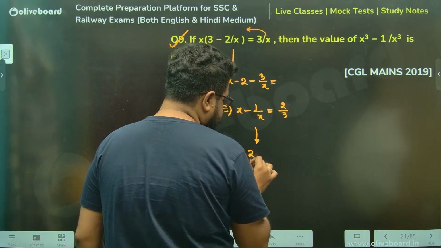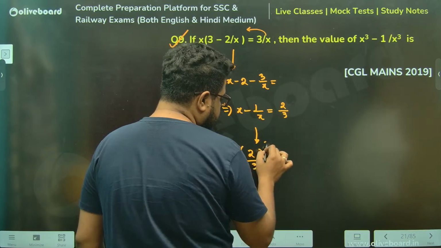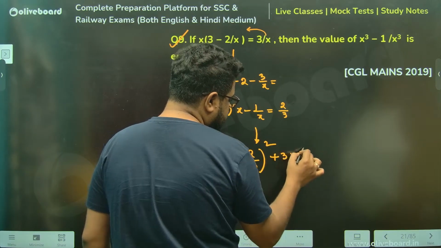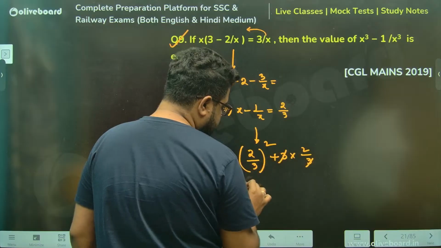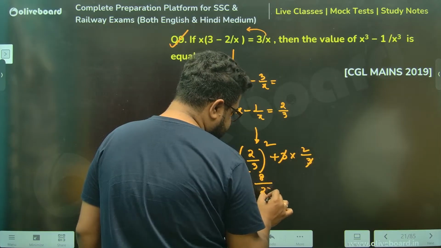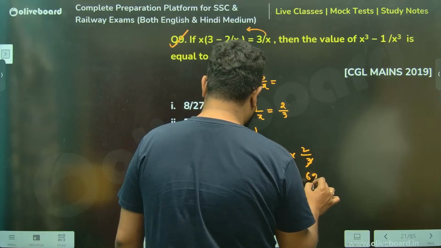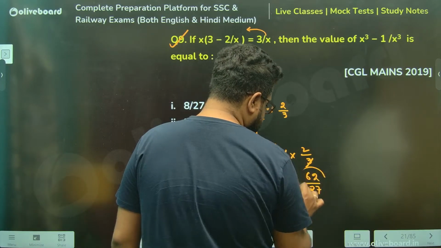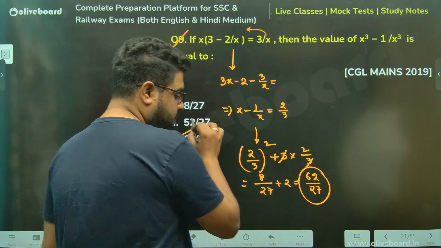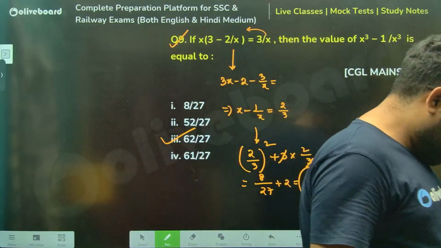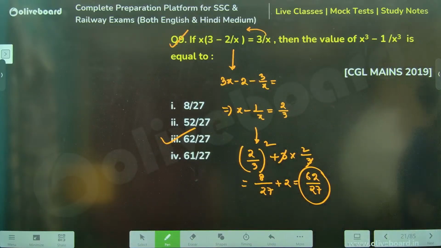It will be this thing cube plus 3 into p. So 8 over 27 plus 2. So 62 over 27 is the correct answer, option number 3.